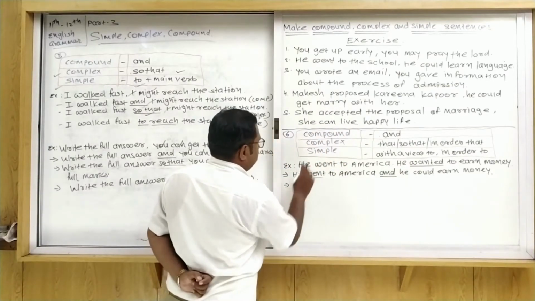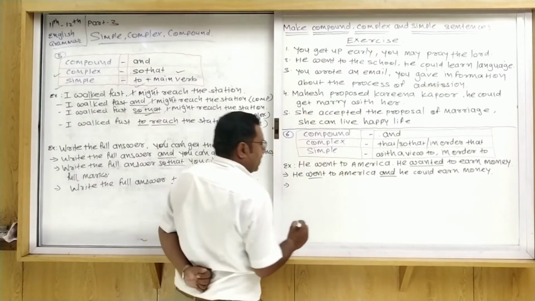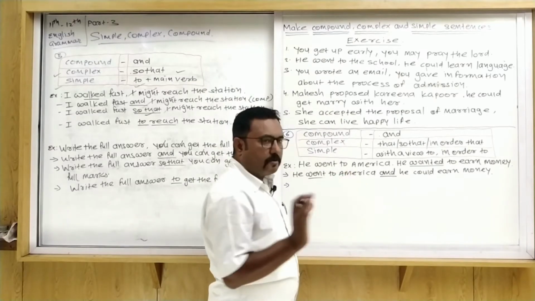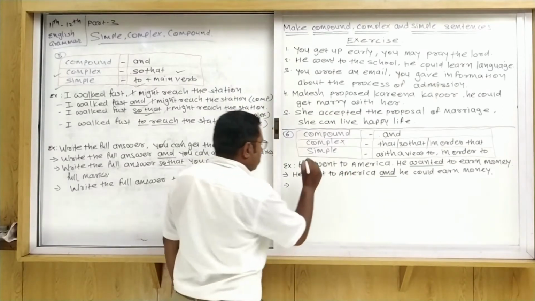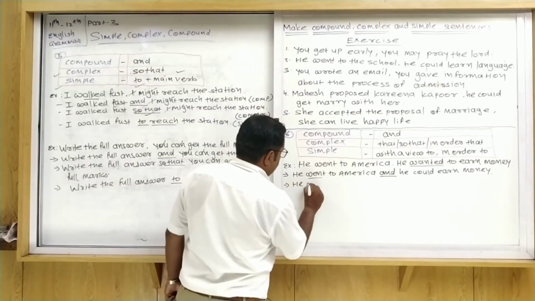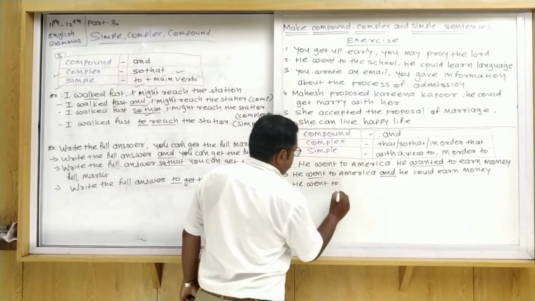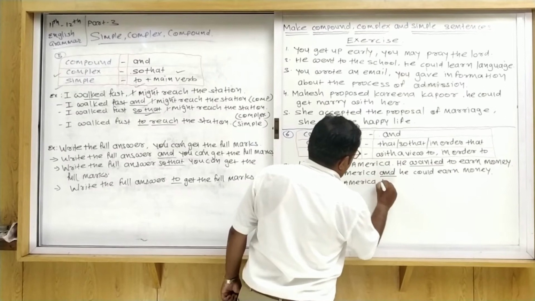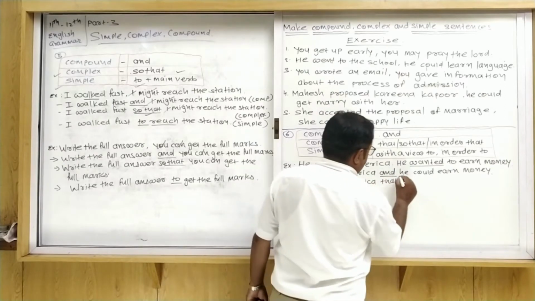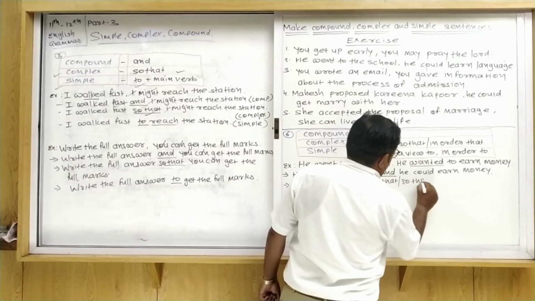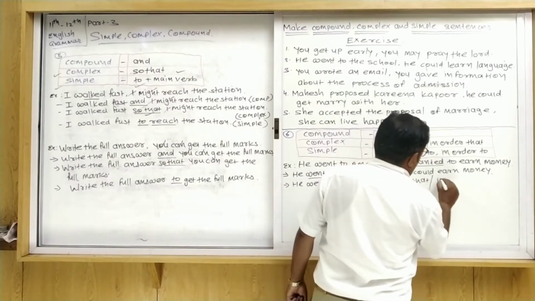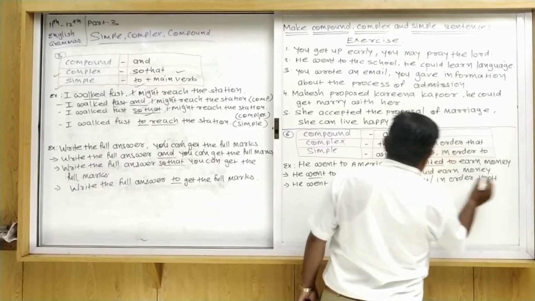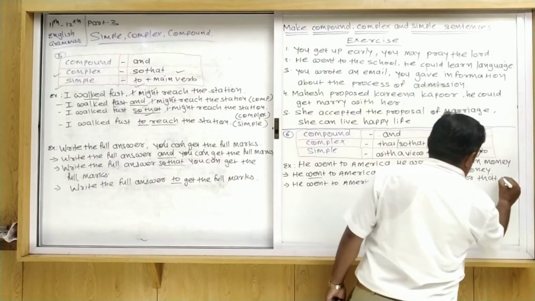Next one, complex sentence: that, so that and in order that. That, so that and in order that we use in place of each other. Okay, so he went to America that, so that, in order that he wanted to earn money.